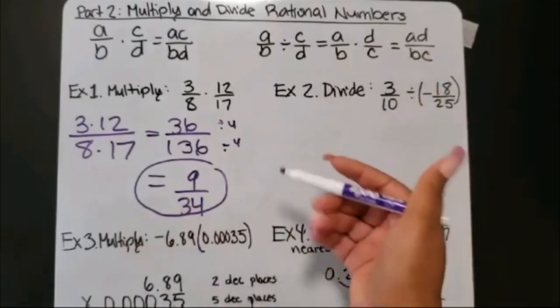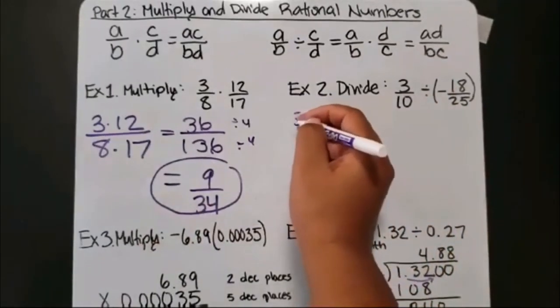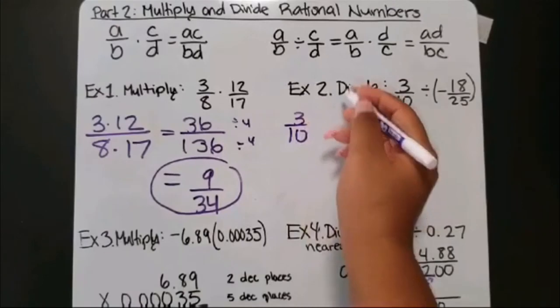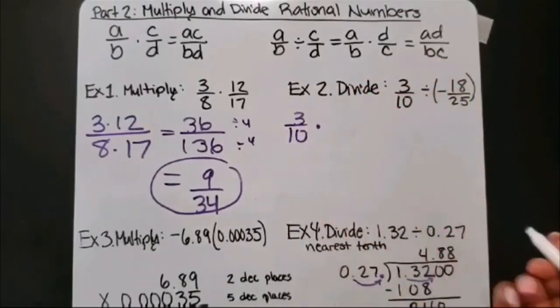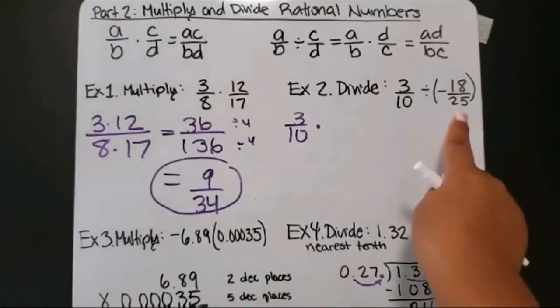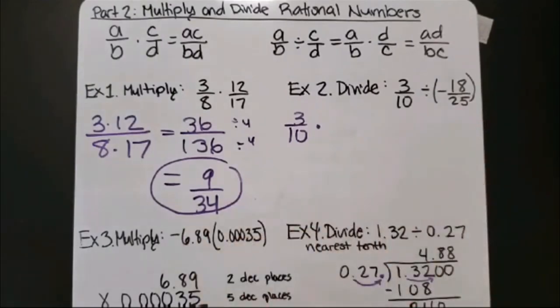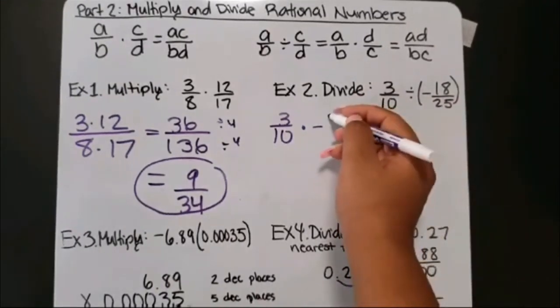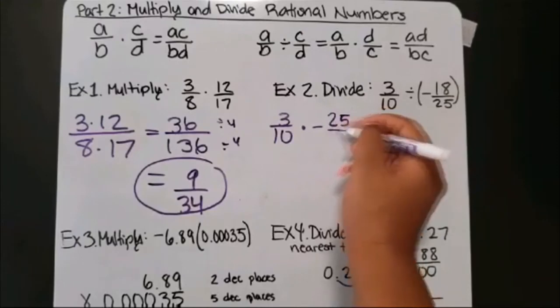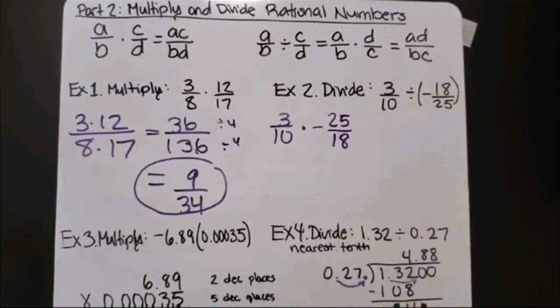We keep the first fraction the same, remember? We add our multiplication sign, whichever one you want to use. Then we need to get the reciprocal of our second fraction. So it's still going to be negative, but the reciprocal is 25 over 18.